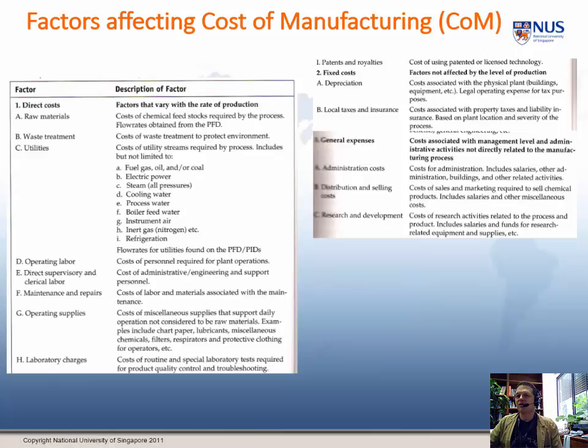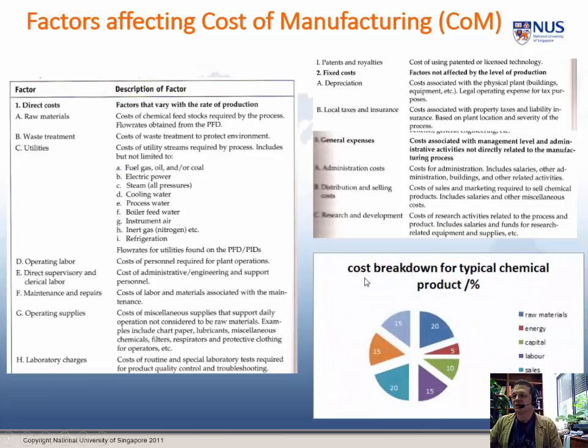I will think about one item here. I'll just click that. This is the cost breakdown for a typical general chemical product. Going back to our diagram, notice that waste treatment is one of the costs.